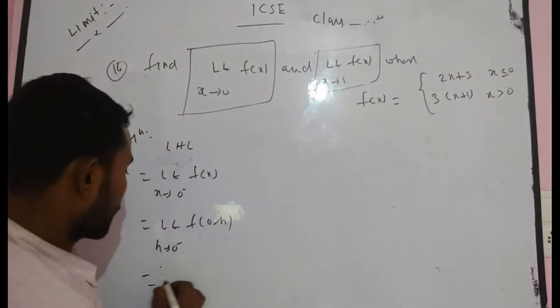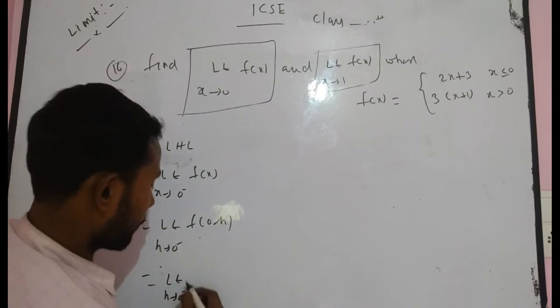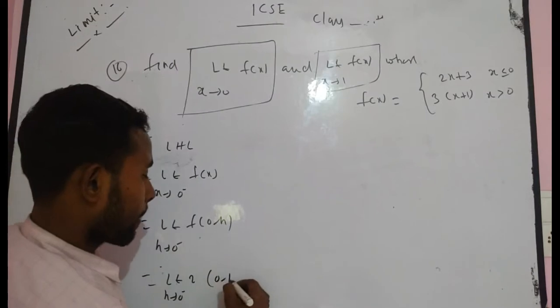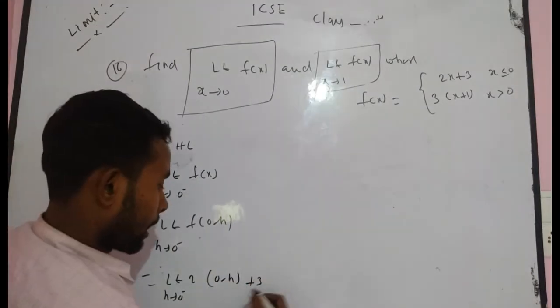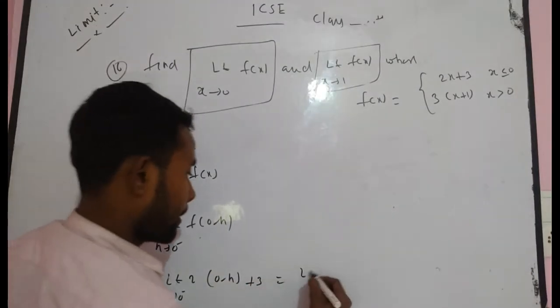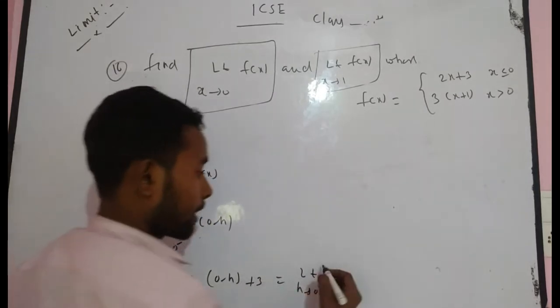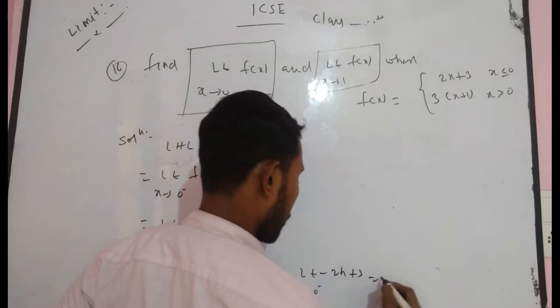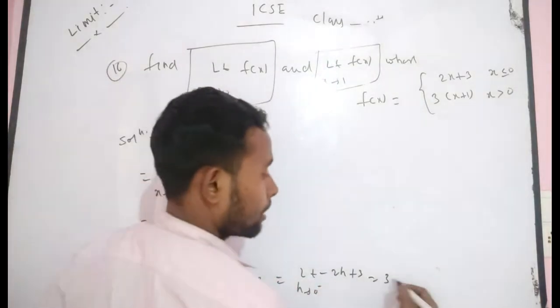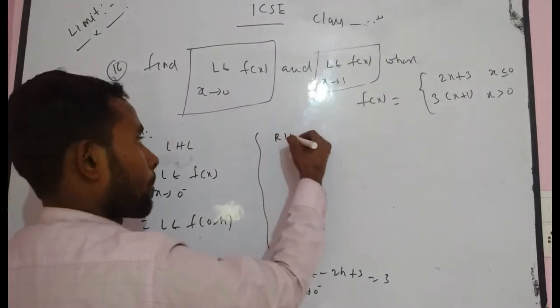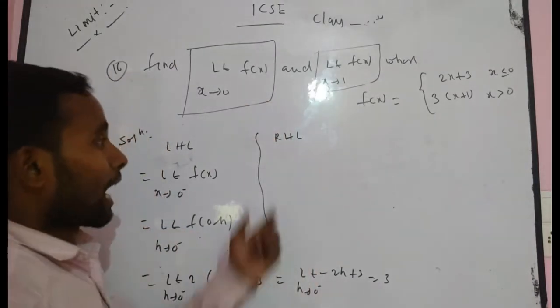Now you have to put this function: limit x tends to 0 from left hand side 2 into x, that means 0 minus h, plus 3. If you put x is equal to 0, then what do you get? That means LHL is equal to 3.